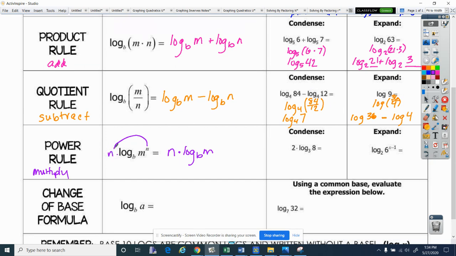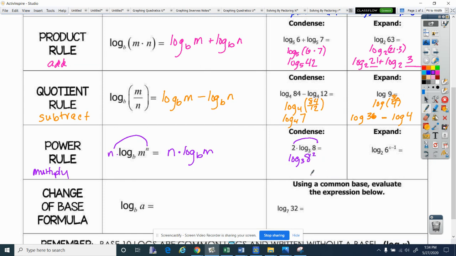So that means if I want to condense it, the n goes from the front to the top. All right, so here I want to condense, so I have to take what's being multiplied over here, and I'm just going to swing it this way. It becomes the exponent of the 8, so log base 3 of 8 squared.